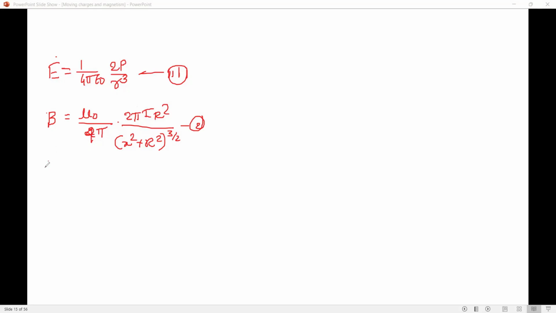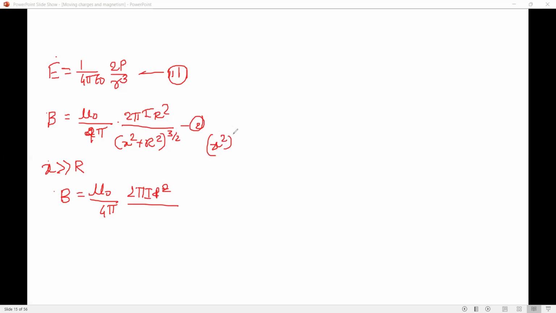Otherwise, for the short dipole, suppose the distance x is much greater than r, the x value is greater than the radius. If you consider that, equation 2 becomes B is equal to mu naught upon 4 pi 2 pi I r square upon, so we neglect r square in the denominator. When we neglect it, what is left is x square to the power of 3 by 2.